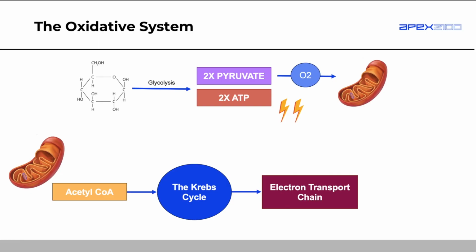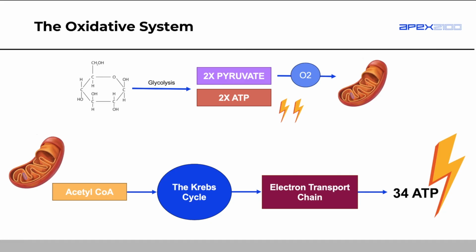Within the electron transport chain, electrons are passed along within the mitochondria, generating that 34 ATP. So, very simple explanation of what can be quite complicated.